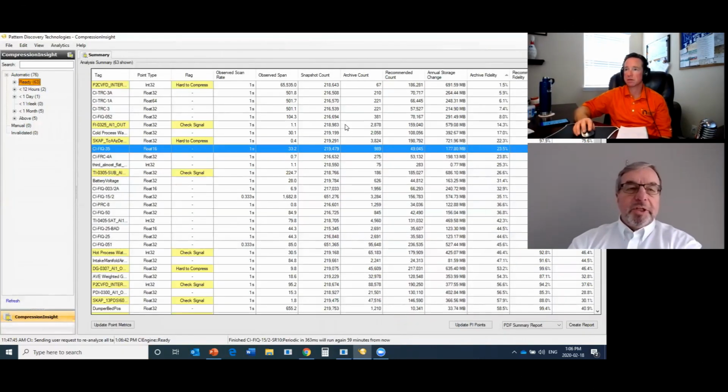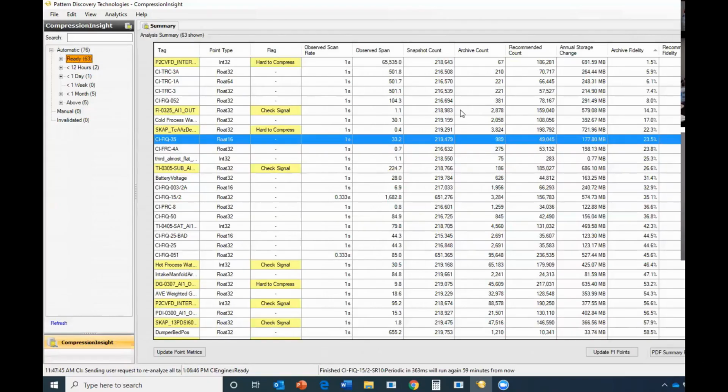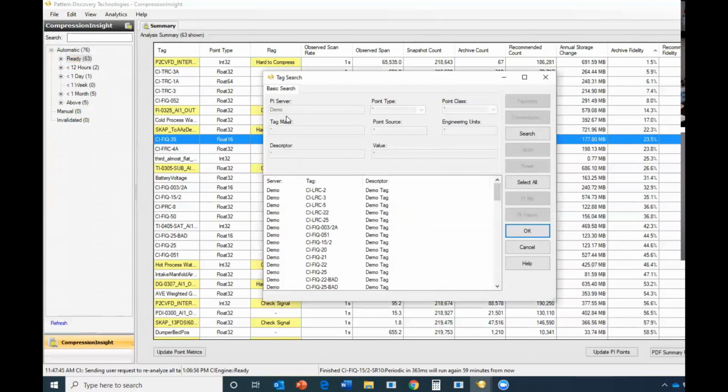This is Compression Insight. It is fully integrated with the OSI Soft Pi system. We can include tags. So when you're looking to do analysis on tags, we will actually invoke the Pi SMT tool. You can select from that SMT tool.